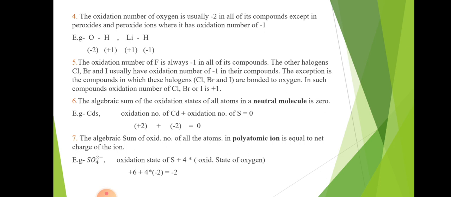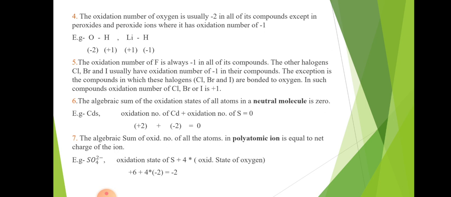Fifth rule: the oxidation number of fluorine is always -1 in all of its compounds. The other halogens like chlorine, bromine, and iodine usually have an oxidation number of -1 in their compounds.